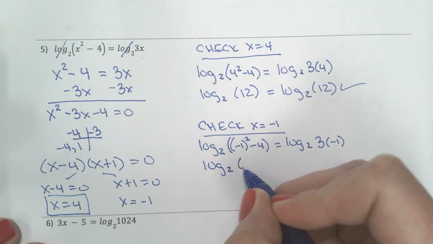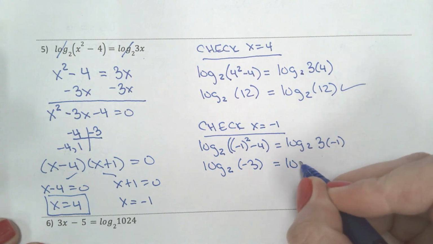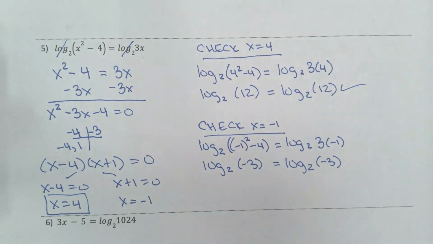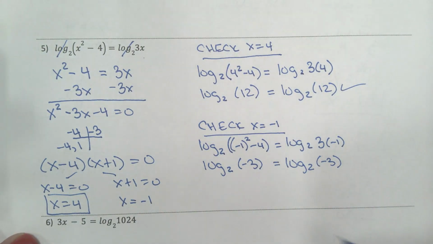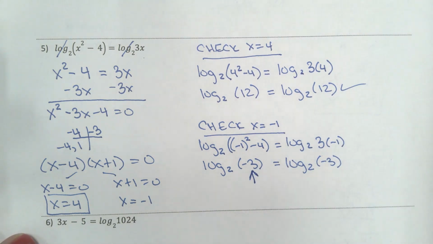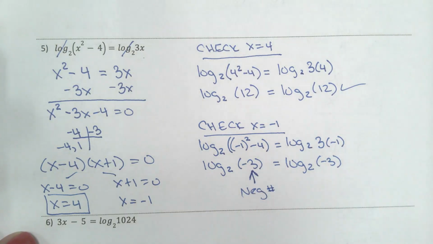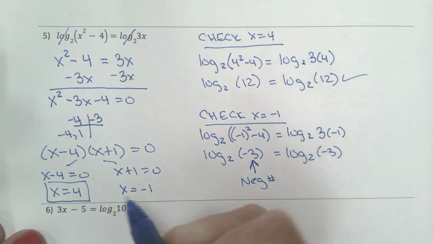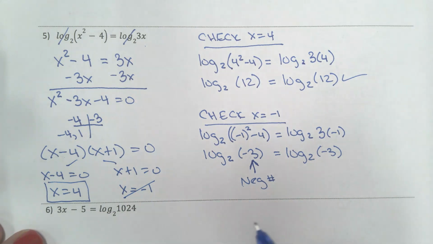I have log base 2 of -3. 3 times -1 is -3. So you might think that this one works as well because you end up with -3's on both sides. However, back in the beginning of the notes, I said you can't take the log of a negative number. So that is where the negative number is not okay to be there. So in fact, -1 is not a good answer.